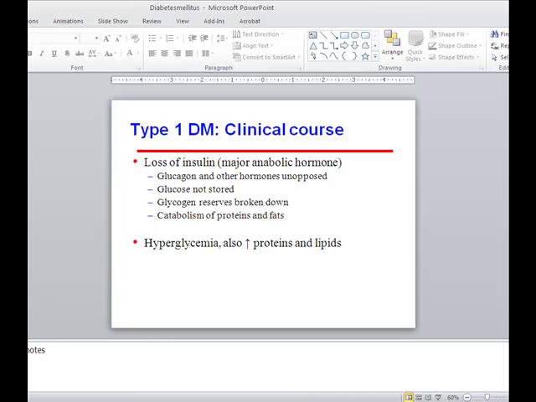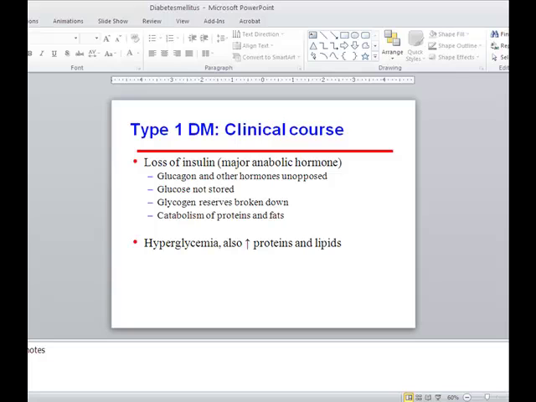Yeah. The catabolism of proteins and fats, is that because you're not storing glycogen, or is it causing it? If you remember, insulin promotes moving the fatty acids into the adipose tissue, where they're converted into triglycerides and stored. So if you don't have this effect of insulin, then for example, the fatty acids in the blood would be diverted into the liver, and in the liver they would be degraded.